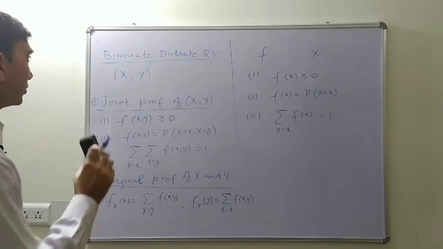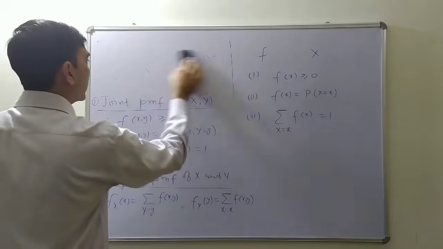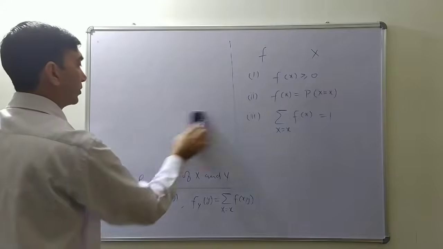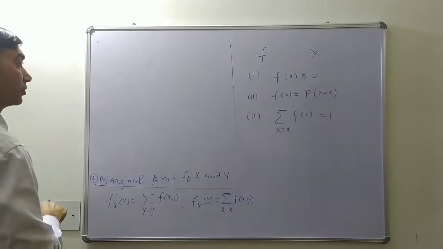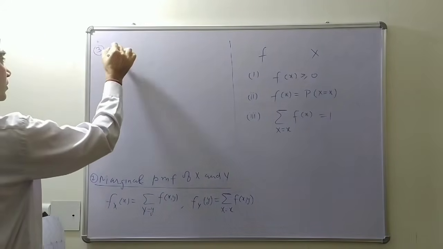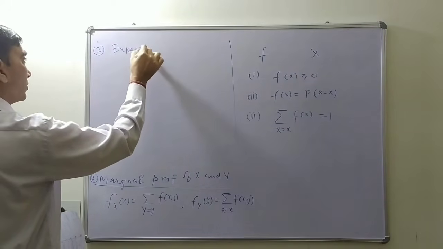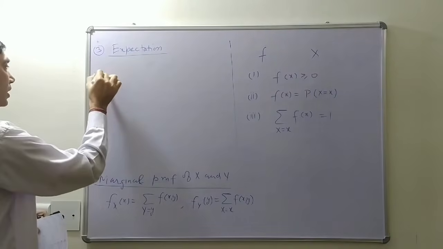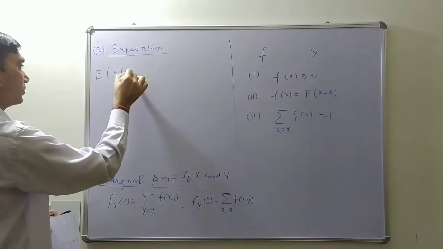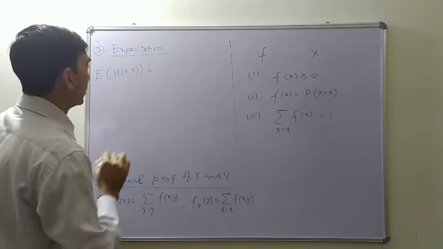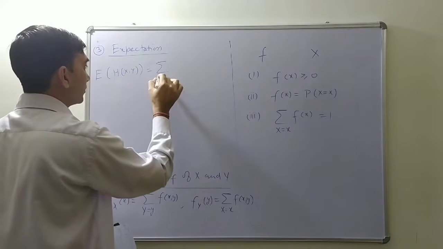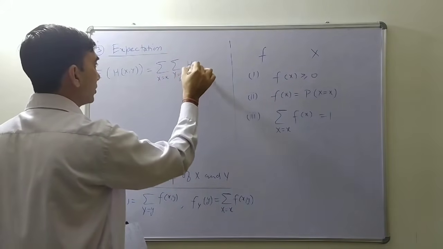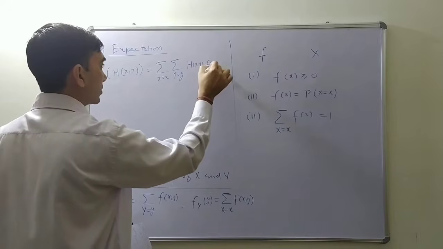Now let's move to the next definition. Expectation of a general function of x, y is defined as summation over x, summation over y, h(x,y) f(x,y).